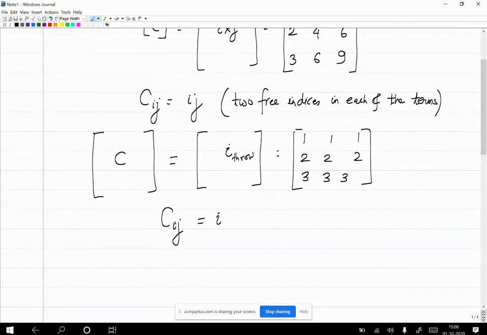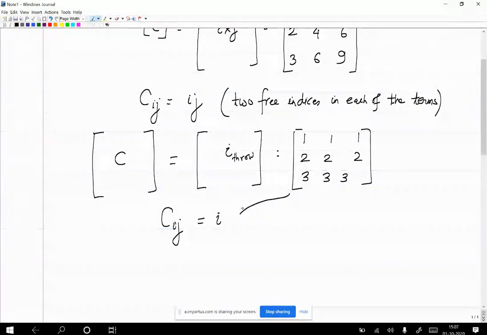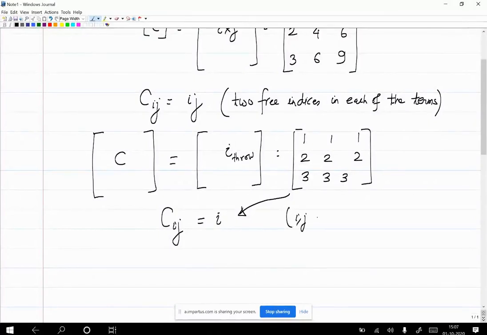So this is also a valid representation for the above matrix. Now you see that again I and J both are free indices, but J is not appearing on the right hand side.